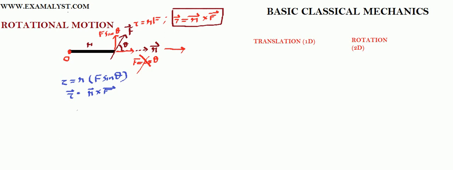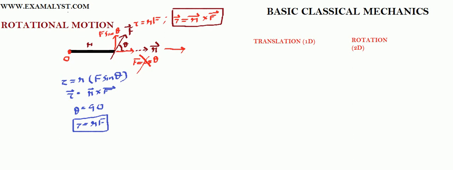So when theta is 90 degrees, we get torque equals RF, and we have already discussed in our last lecture what the condition torque equals RF represents. So that's a different thing.